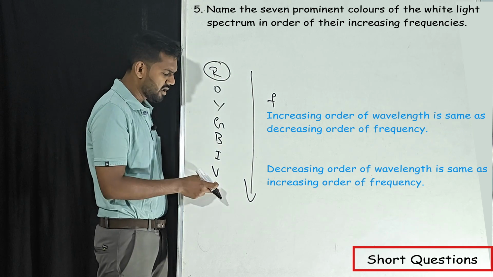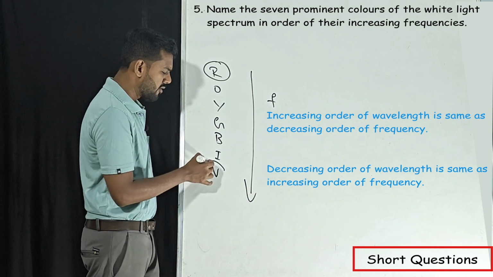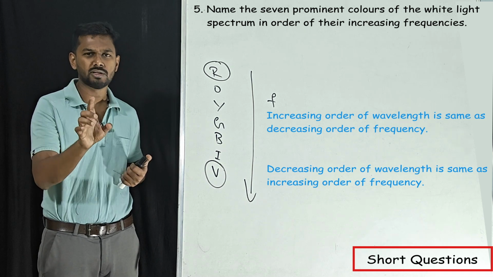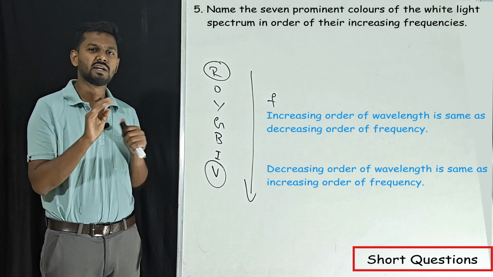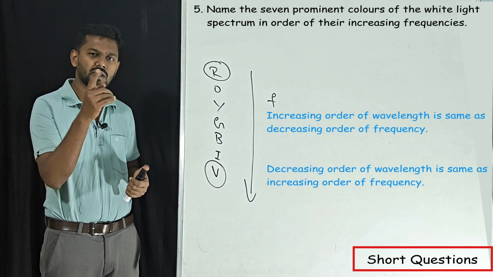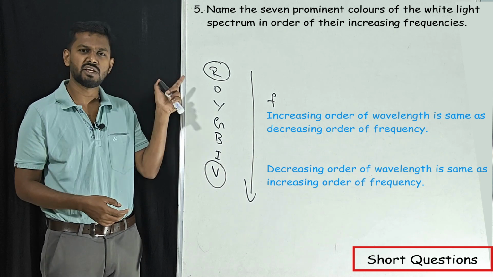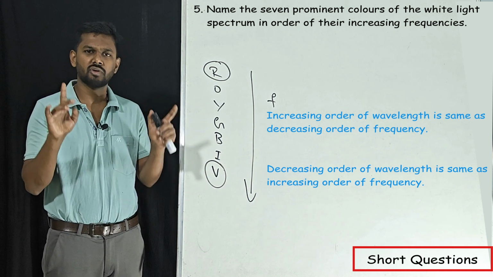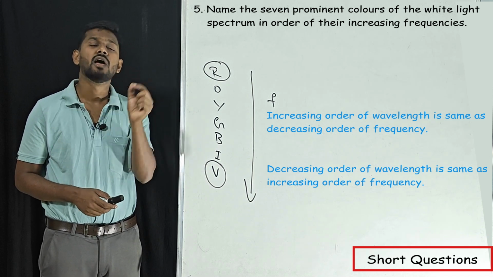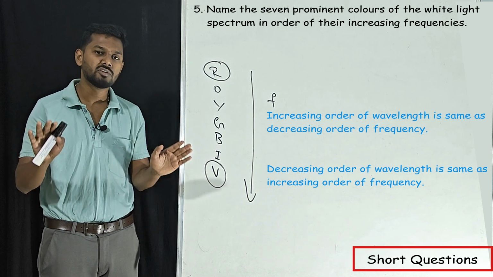Red has minimum frequency, violet has maximum frequency. See, these things you need to understand, but if you know only the increasing order of wavelength, that is enough. Then if they ask for decreasing order of wavelength, you can write. If they ask increasing or decreasing order of frequency, all those you can answer. But for that you should have a little knowledge that frequency and wavelength are inversely proportional.